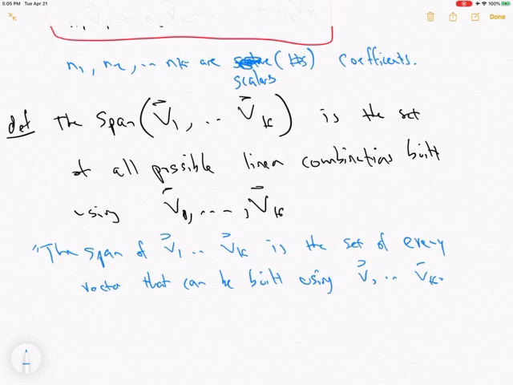So give me some vectors, you can combine them to get new vectors, and the span is all possible vectors that you can build from that specified set of vectors.